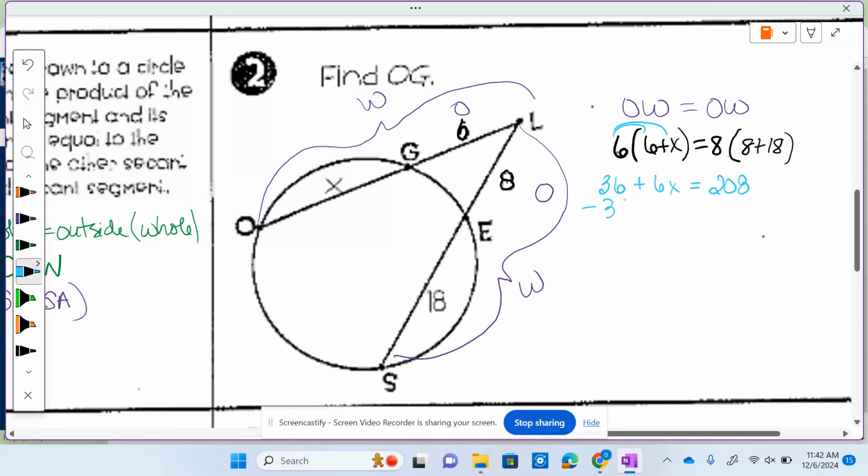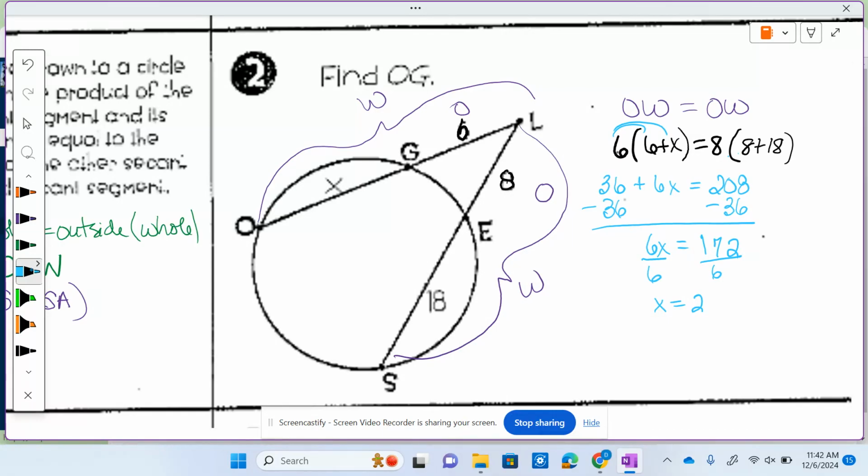So I need to subtract 36 from both sides. That gives me 6x equals 172. Okay, thank you. Divide both sides by 6. It's going to be a repeating decimal, isn't it?